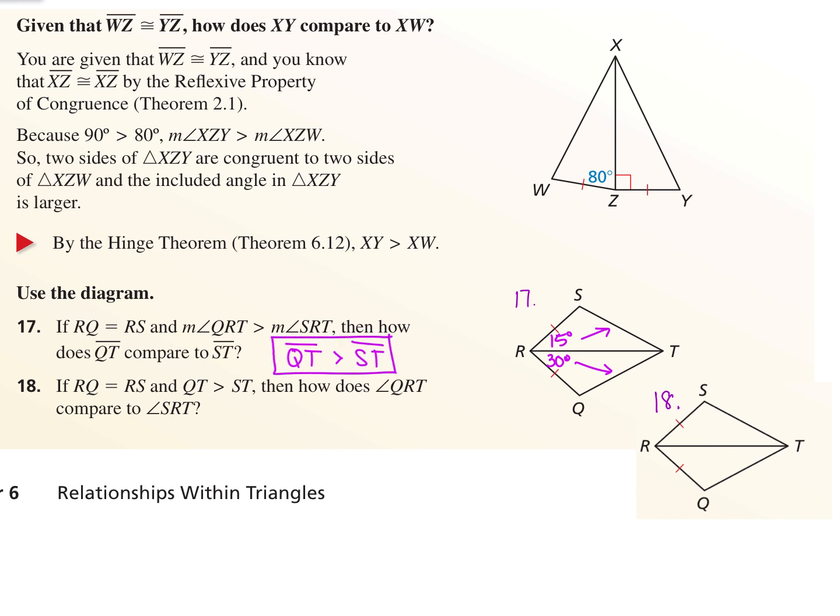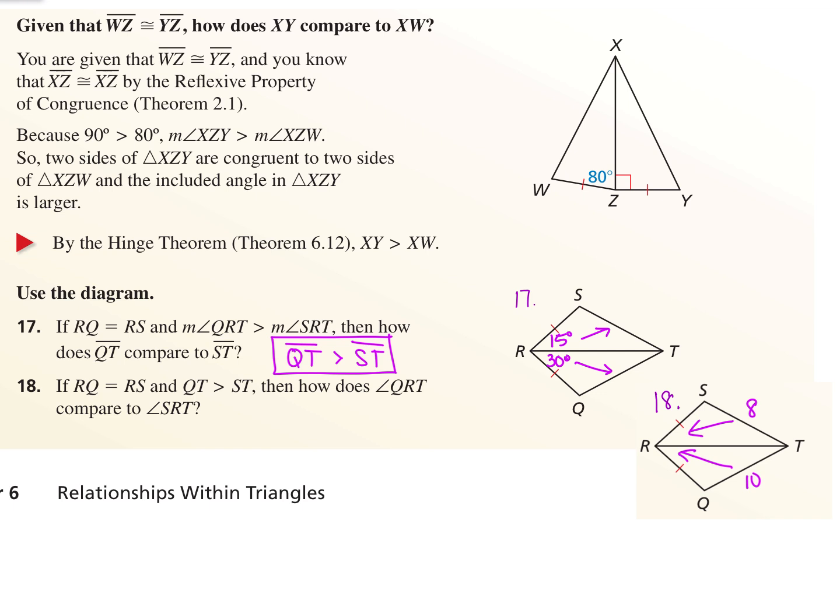This would be my answer, and same thing for the next one. If RT equals RS and QT is greater than ST, I'm just going to give them values. Then how does angle QRT compare to angle SRT?